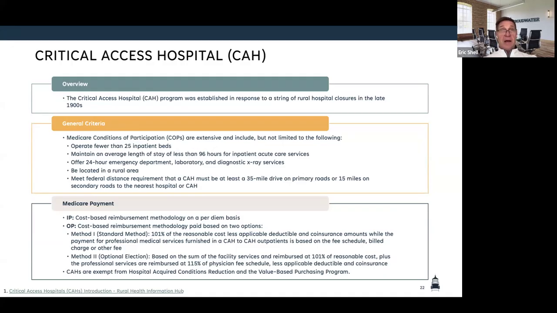Medicare pays essentially your cost. You take your financial statements, your expenses, you load them into the cost report. The cost report calculates what percent is Medicare, and at the end of the year, Medicare pays you their percent of cost.